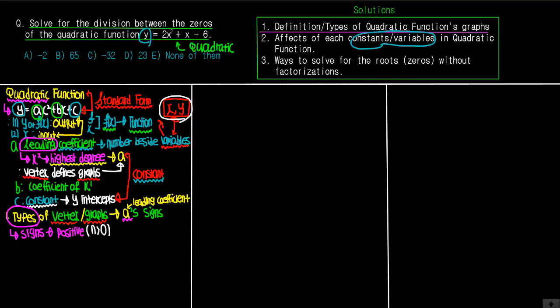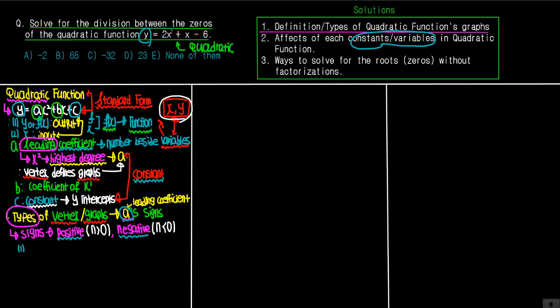And right now, let's think about what a negative value is, which is the opposite of positive. Well, negative is the opposite of positive, which means if we convert our numbers to the variable n, it should always be less than 0. It can't be 0, and it can't be greater than 0. So the types of vertex and graphs will be defined by the positive value and the negative value of n, which is going to be a's, our leading coefficient's sign.